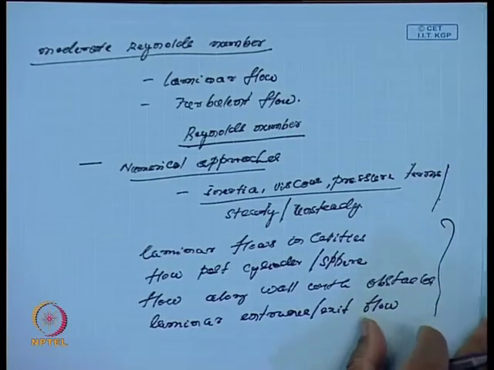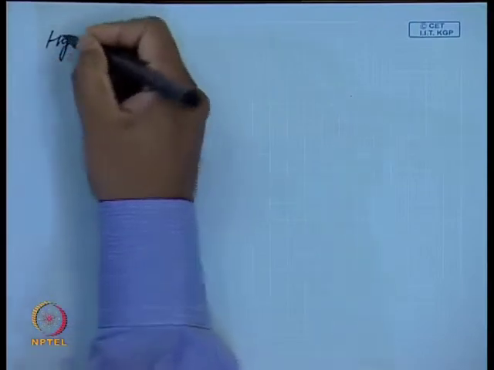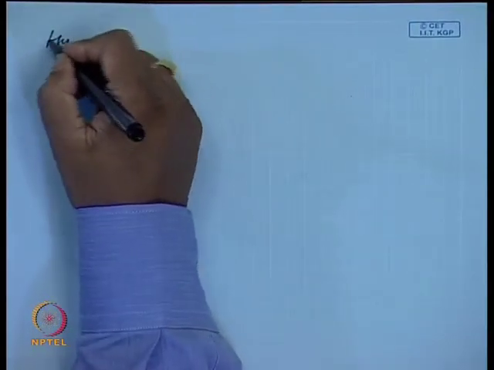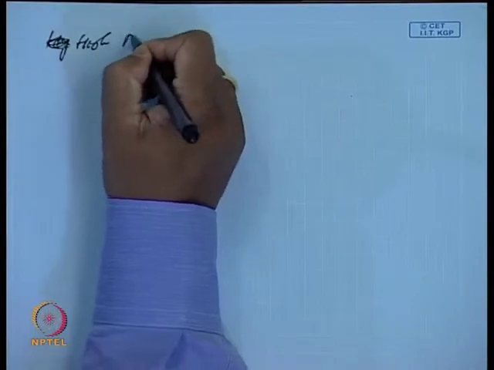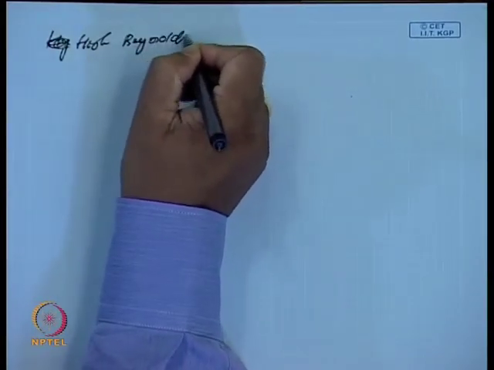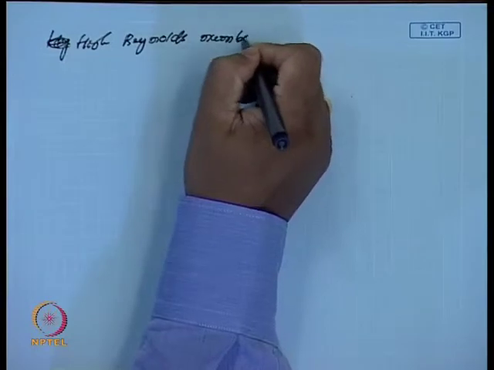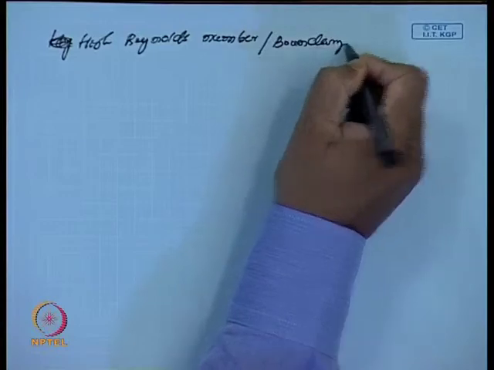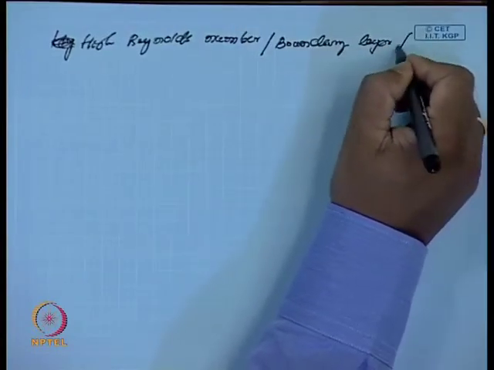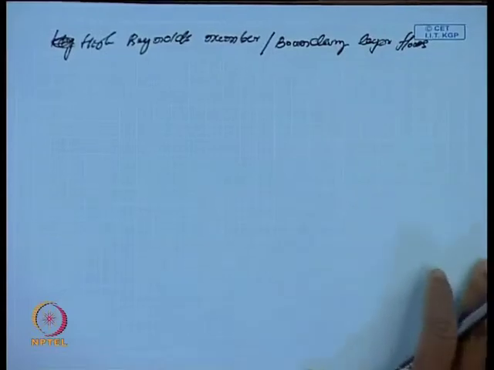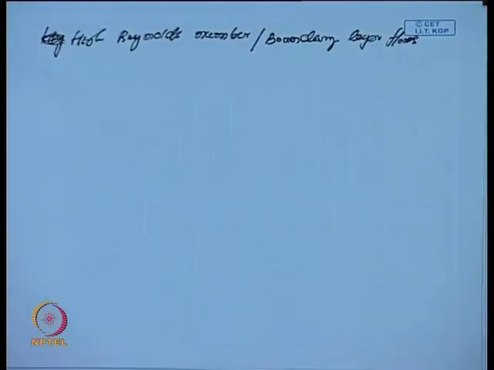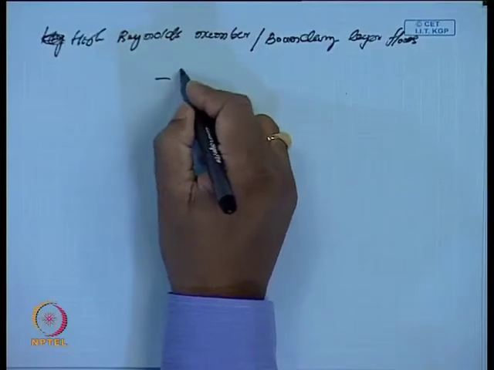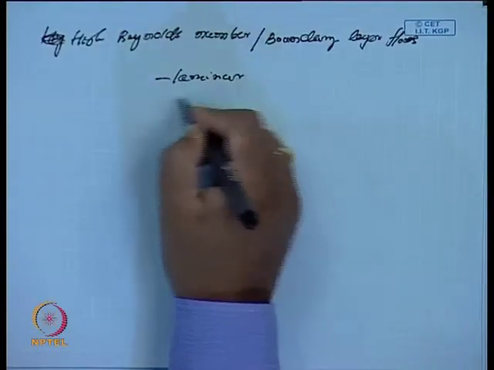Then we have high Reynolds number flows, which we call boundary layer flows. We know that there are two types of flow, laminar and turbulent.